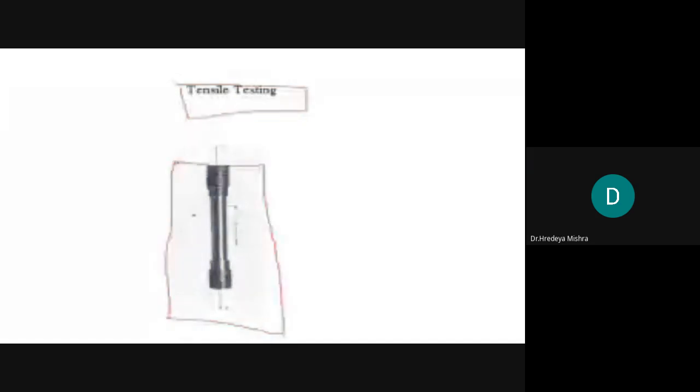This is the specimen, and this is the threaded end. Why is this threaded zone provided? To fit in the UTM machine, so that the specimen is properly fixed in the machine in good condition.